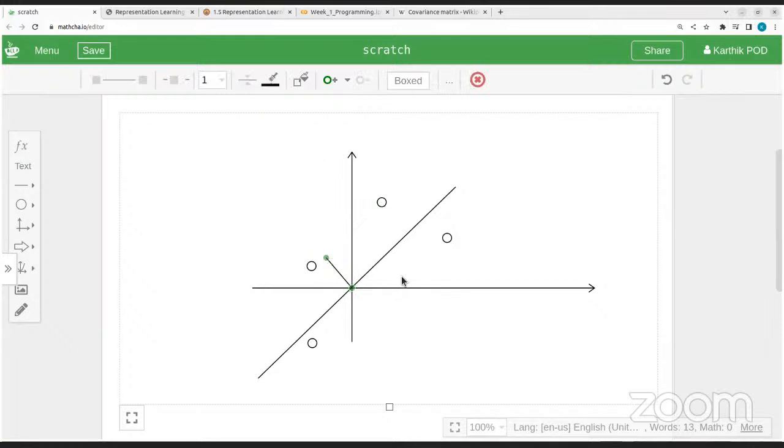So what the prof is saying is that all these error vectors will be lying in a plane perpendicular to this line. Okay, so you have to visualize this. We can draw the error vectors now.